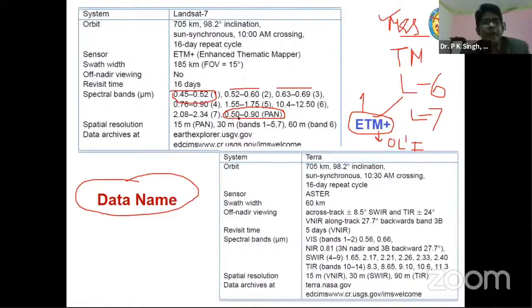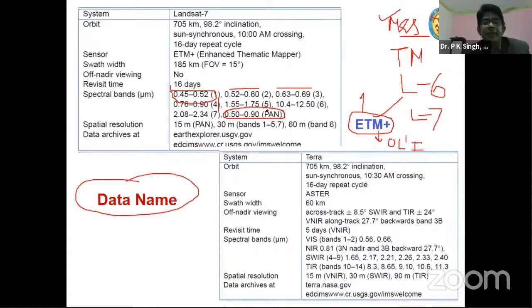See here, 0.5 to 0.9, covering bands 1, 2, 3, 4. All waves incorporated in one recorder, which has recorded all the waves from here to here in the form of panchromatic band.